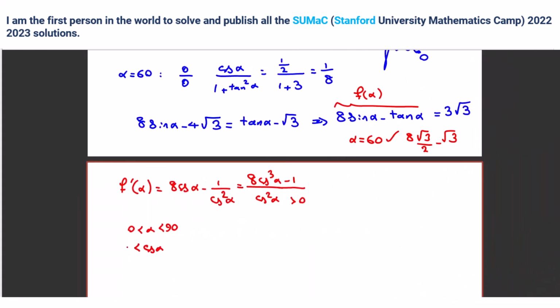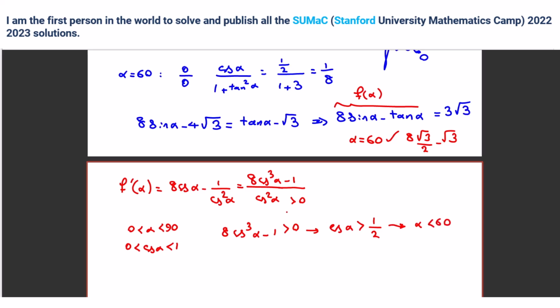Cosine alpha also is positive between 0 and 1, right? So if you want to see in which position it's positive, cosine cubed alpha is greater than 1/2, right? So it means that cosine alpha is greater than 1/2, so alpha is less than 60. Exactly.